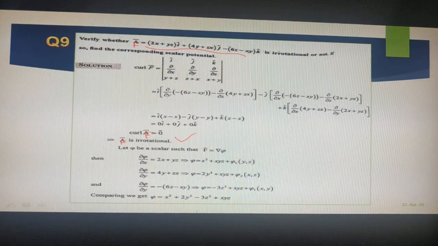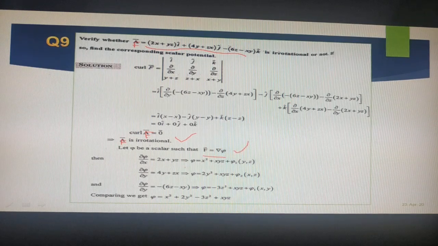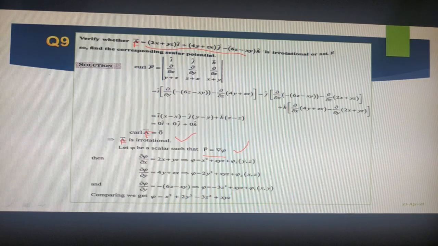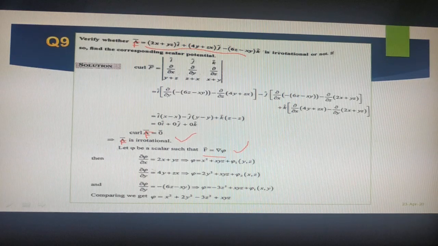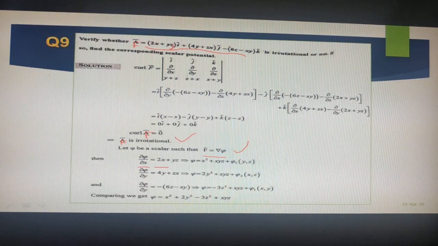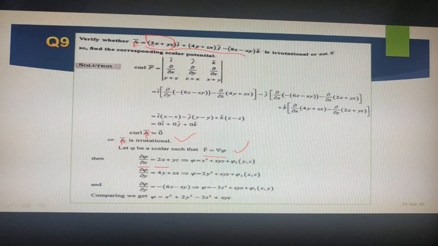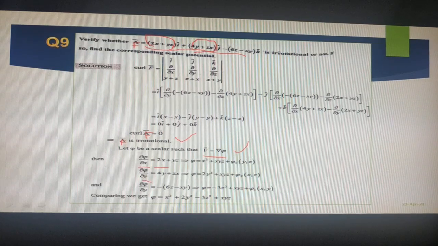So when f bar is irrotational, you know very clearly you can equate this with del pi. So we have del pi as per our formula. Del pi is equal to i dou pi by dou x plus j dou pi by dou y plus k dou pi by dou z. So this dou pi by dou x is equivalent to your first component, and dou pi by dou y is equivalent to your second component.